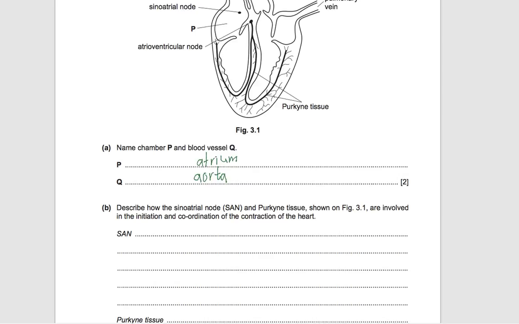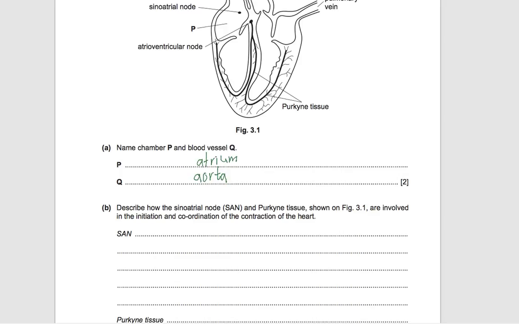And what happens is that from nerve impulses, the vagus nerve is one example, it sets a rate of heartbeat, and the action potential starts from these patches of cells, and then it spreads in a controlled manner throughout the heart, and that controls the rhythmic contraction of the muscle.